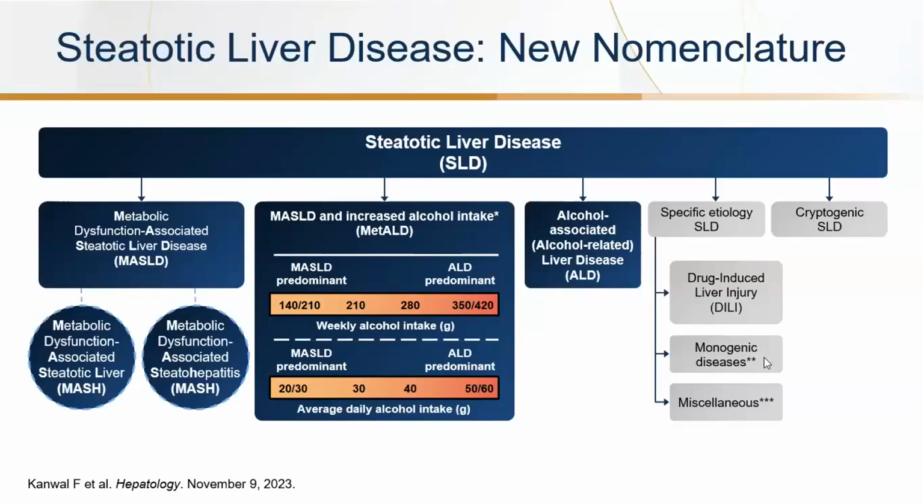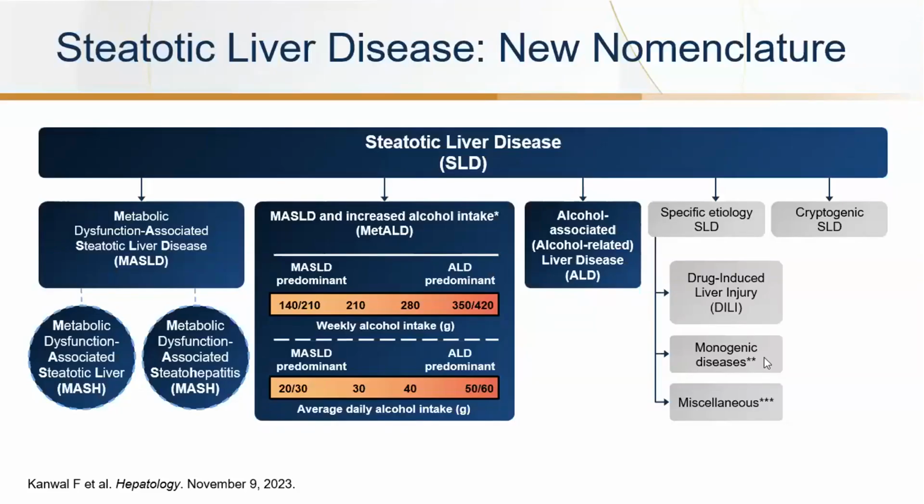And some perspective is that one alcoholic beverage is approximately 14 grams of alcohol. So it's a little bit of a tricky graph, but with that breakdown in mind, you can see that not that much alcohol can put you into that ALD predominant category. And then further to the right is alcohol-associated liver disease.